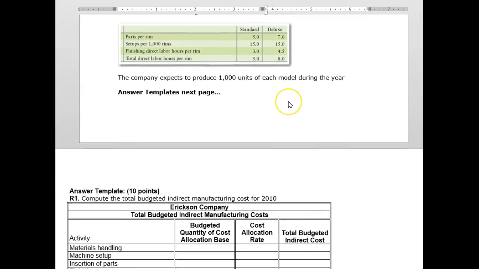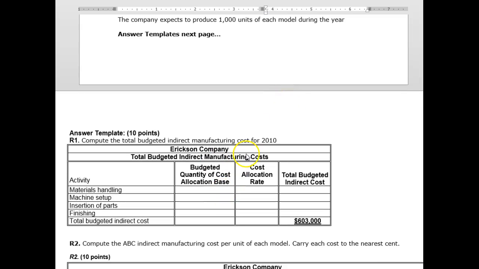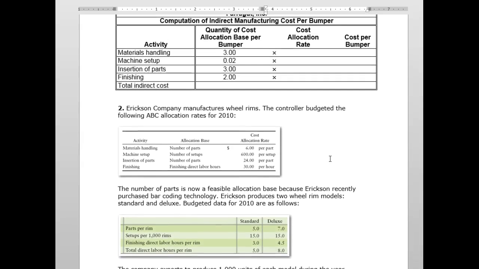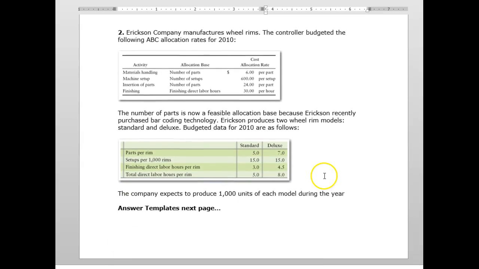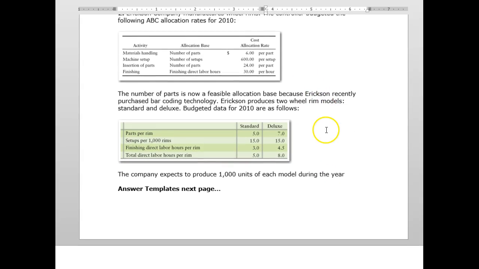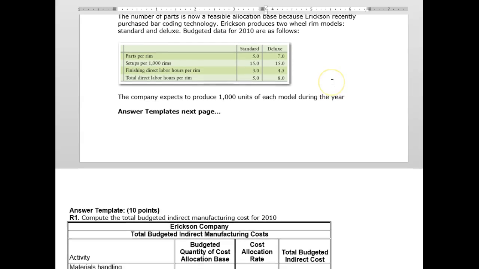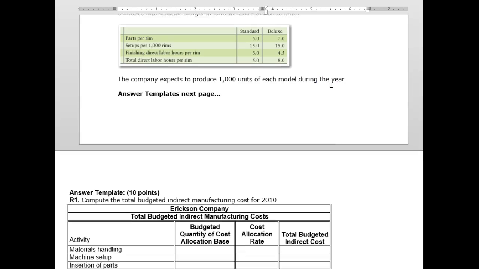So they give you all this information, and then what you have to do is the same thing as we did above. If you'd like me to get you started here, this says your allocation rate for material handling is $6.